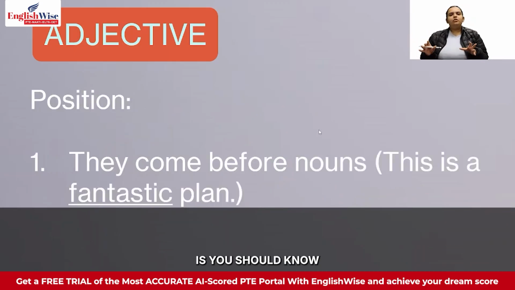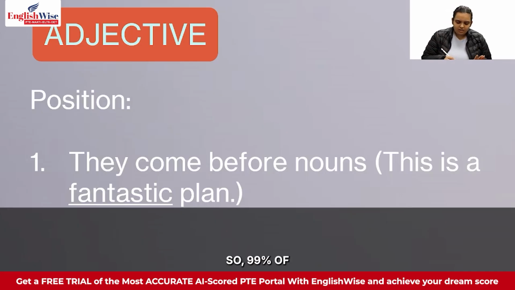Now what happens is you should know the position of adjectives. Okay, so you can identify adjectives very easily. When you read a word and you feel like, okay, this is like a description, so it is an adjective. But you should know the position of adjectives in a sentence, because adjectives have very strict positions in a sentence.